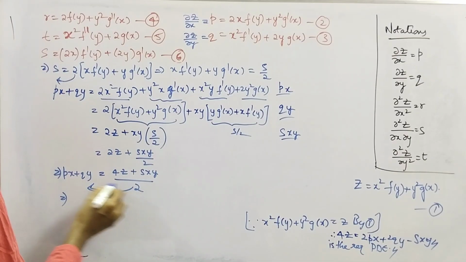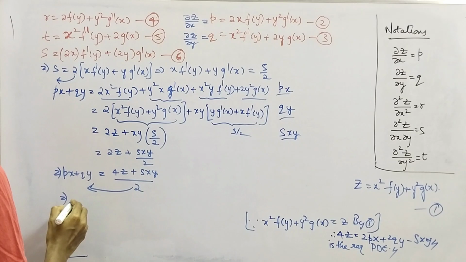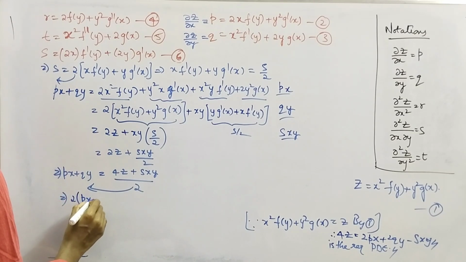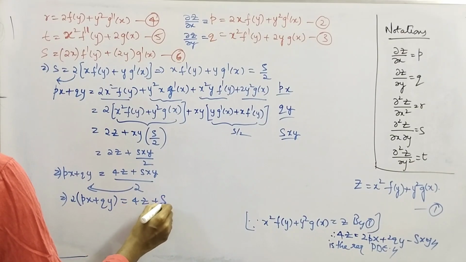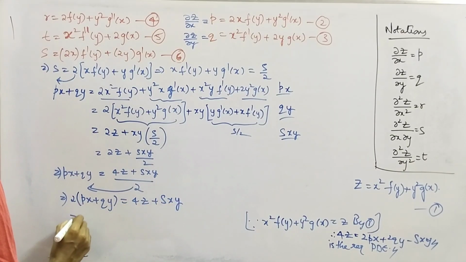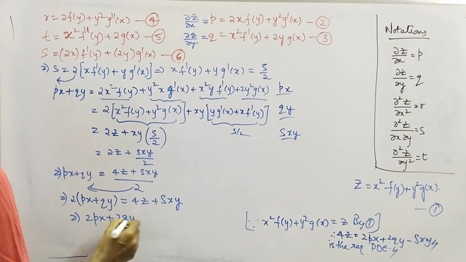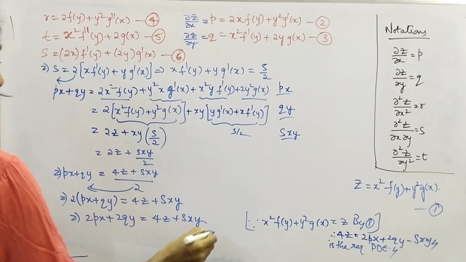Now multiply both sides of the equation with 2. You'll get 2 times px plus qy equal to 4z plus sxy, or 2px plus 2qy equal to 4z plus sxy.